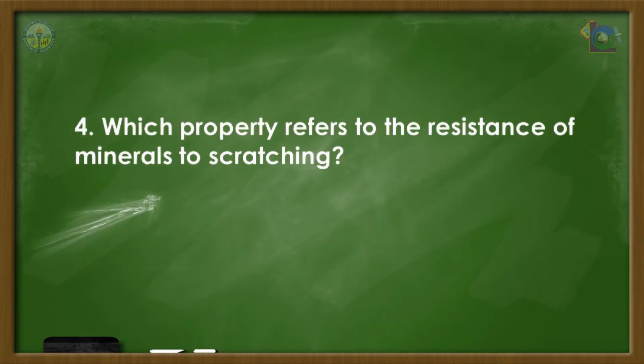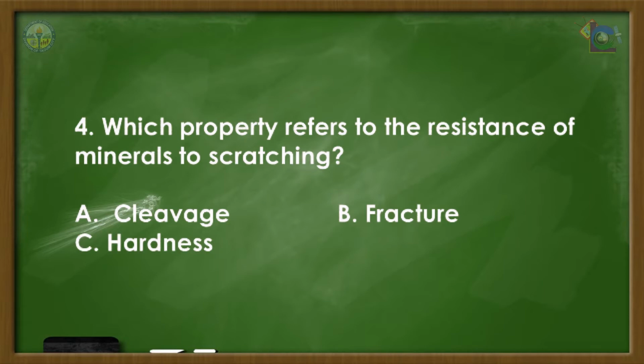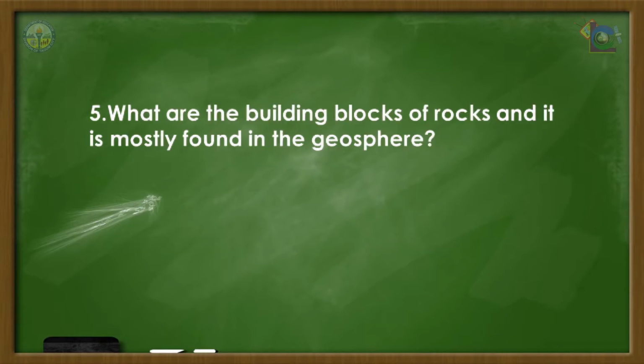4. Which property refers to the resistance of minerals to scratching? A. Cleavage. B. Fracture. C. Hardness. Or D. Luster. The correct answer is letter C. Fifth, what are the building blocks of rocks and is mostly found in the geosphere?